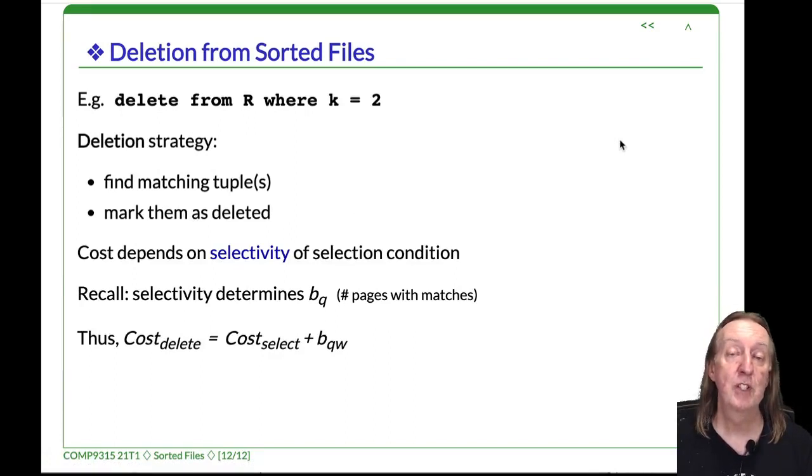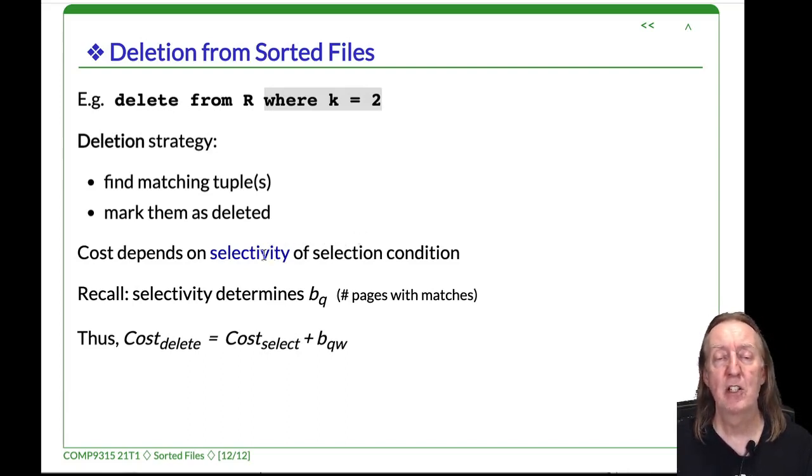Deletion from sorted tuples is basically, we're doing a search because we've got a where clause. So we're searching for matching tuples. When we find them, we mark them as deleted, and we have to write out the page containing the deleted tuples. Or at the very least, we mark it as being dirty and release it.